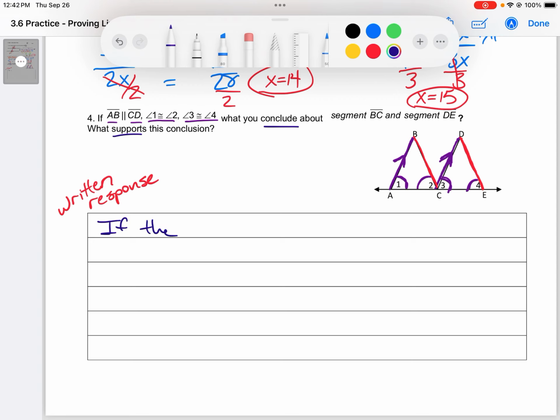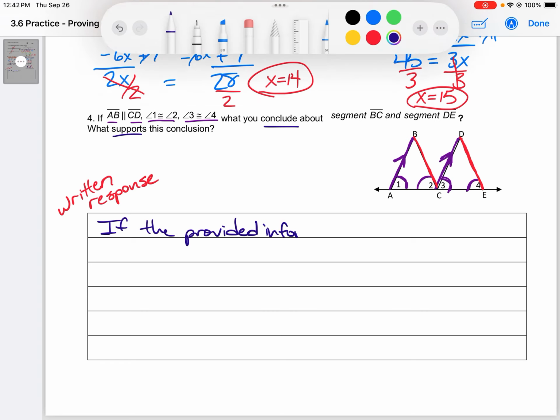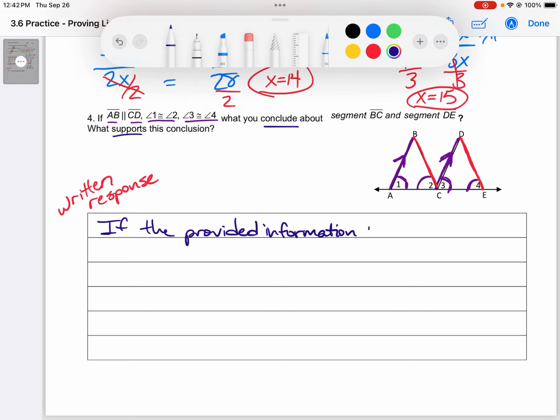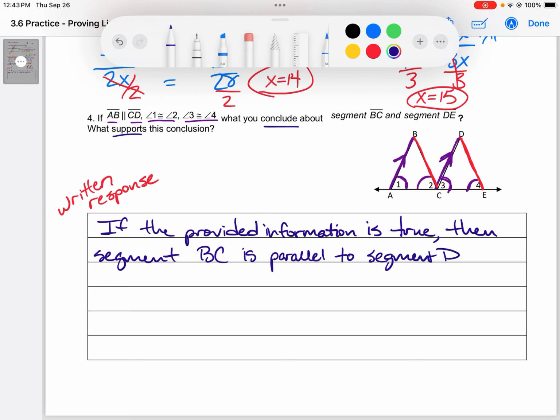So I would say if the provided information is true, which we're assuming it is because it's given, then segment BC is parallel to segment DE. That's my conclusion. I conclude that BC and DE are parallel.